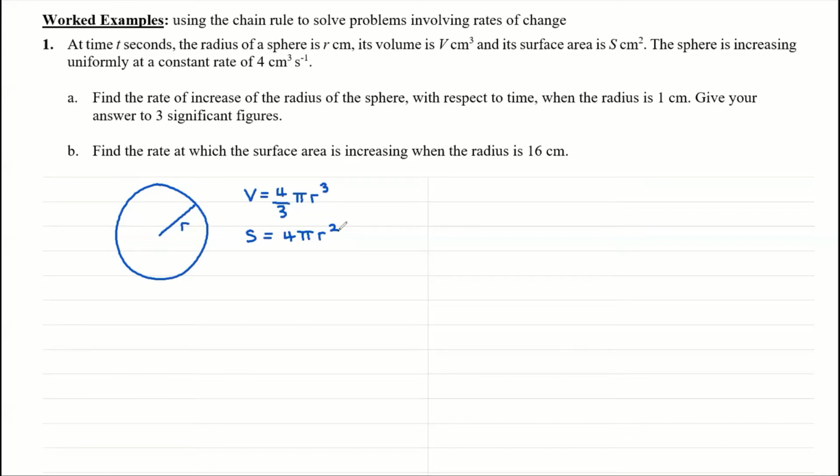And then we're told that the sphere is increasing uniformly. Now, this is the key step. This is the bit that is not standard information. That is part of the question. So it's increasing uniformly at this rate. Now, we can deduce what the derivative is by the units.